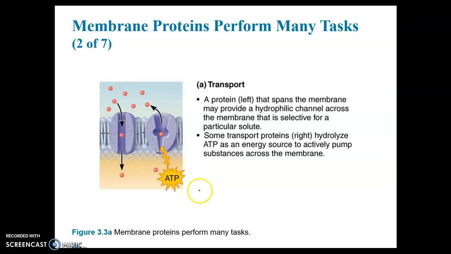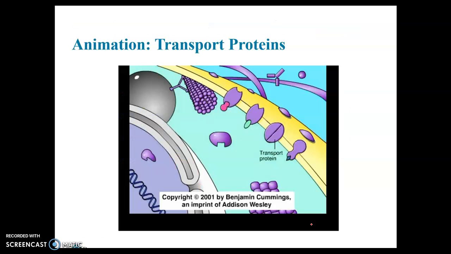They bind to the substance and change shape and then transport it through the plasma membrane. So transport proteins literally transport some type of substance across the plasma membrane from outside to inside or inside to outside. Some of them require ATP and some don't. There's a good animation in slide number 22 on transport proteins.